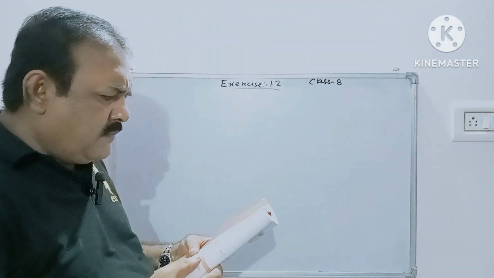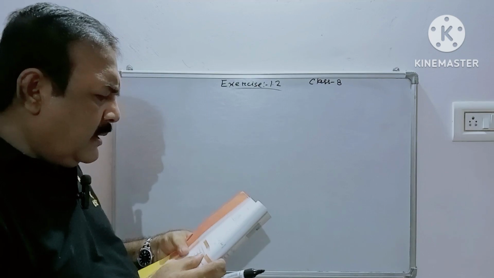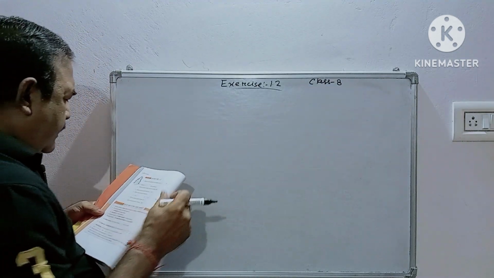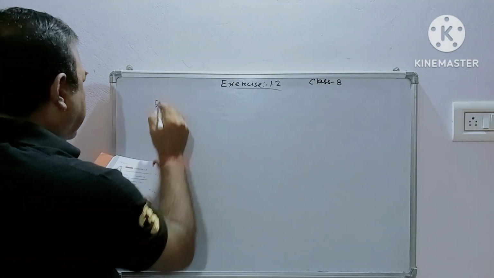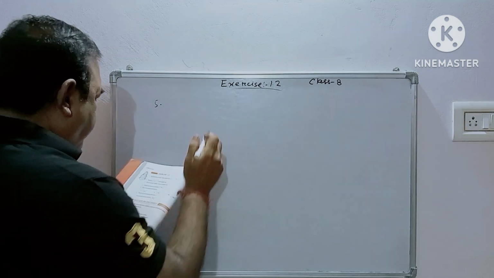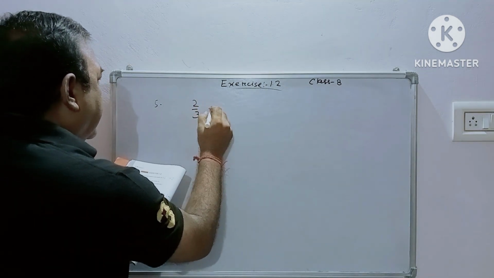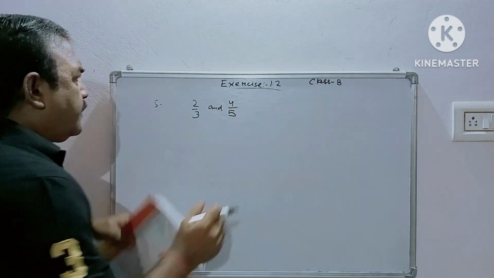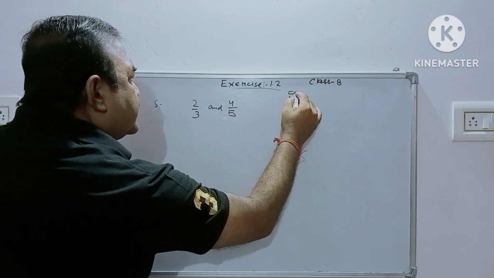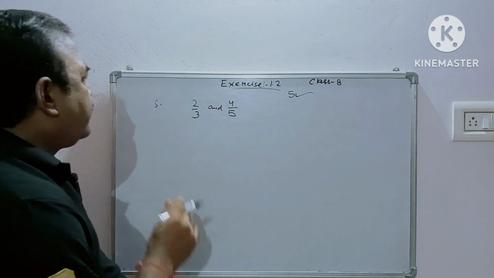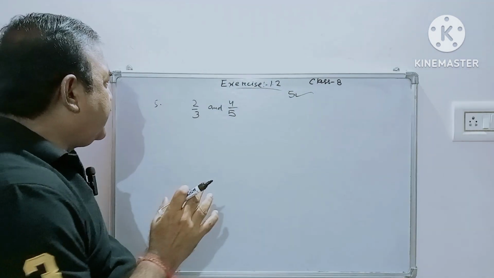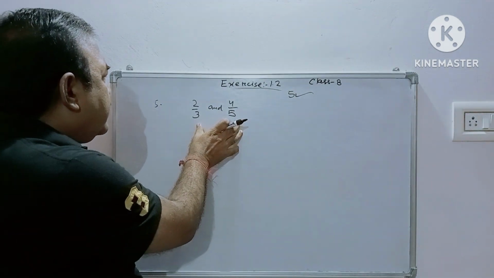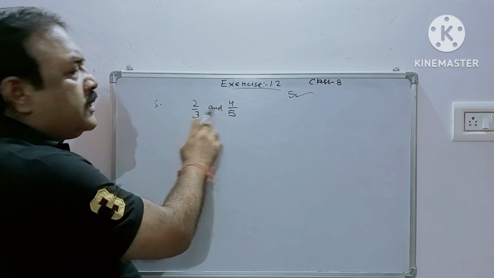So the next question is, question number 5, find 5 rational numbers between 2 upon 3 and 4 upon 5. So you see, first what do we have to do? Already I have told you, first you find the LCM, because you have to make the denominator the same.